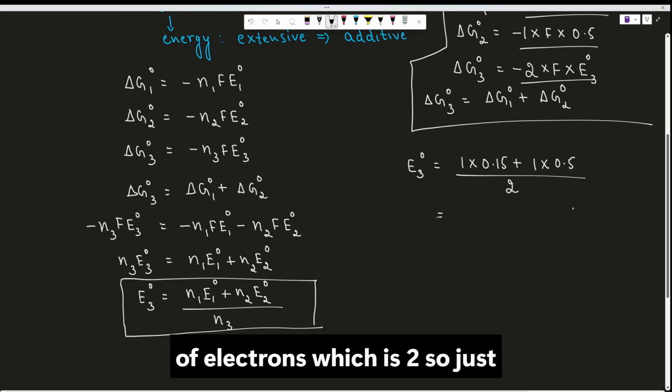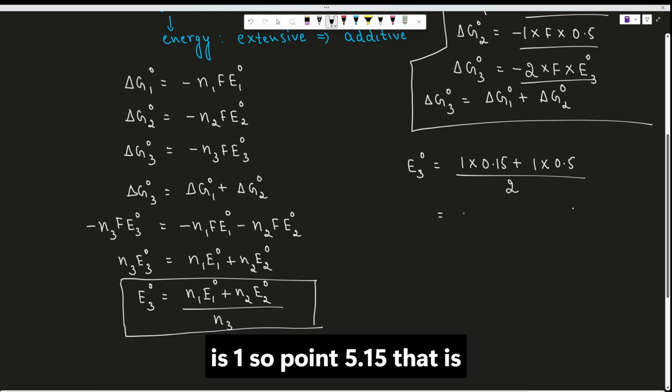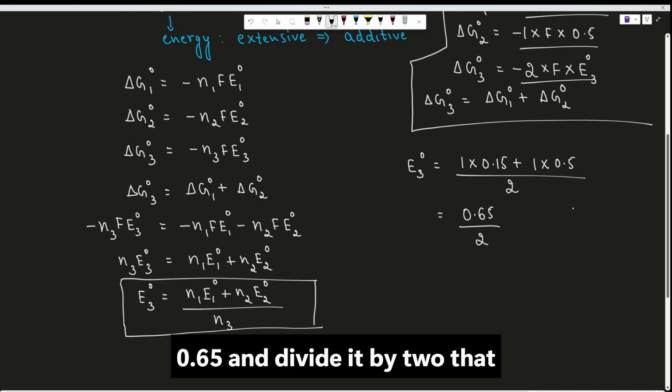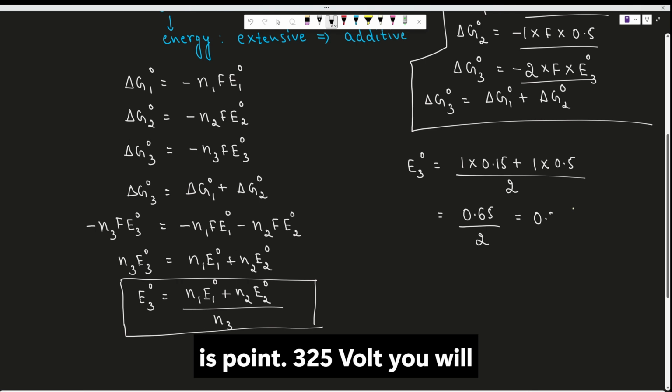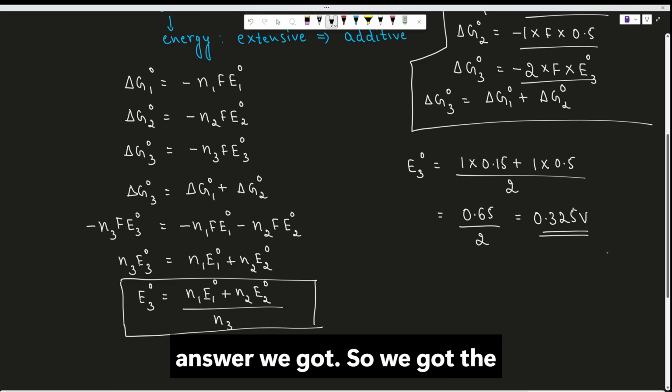So just multiply and add. Here anyway it is 1. So 0.5 plus 0.15, that is 0.65, divided by 2, that is 0.325 volt you will get. So this is the final answer we got.